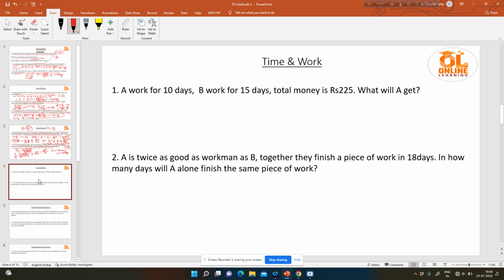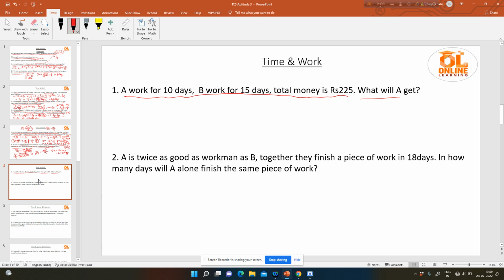Okay, now we have moved to another type of questions of time and work, that is, questions based on efficiency or how much money we will get, money related problems in time and work. A works for 10 days, B works for 15 days. The total money is 225. What will A get?